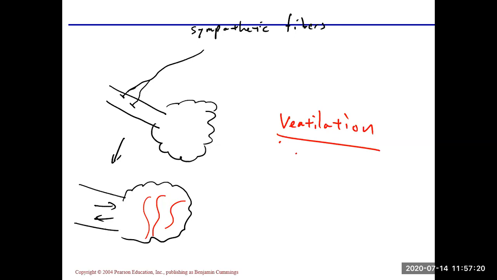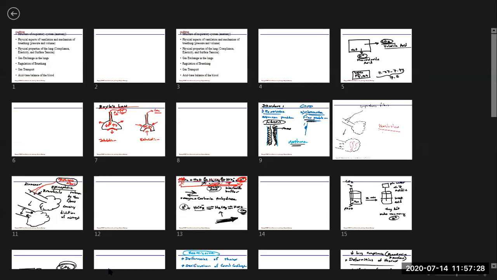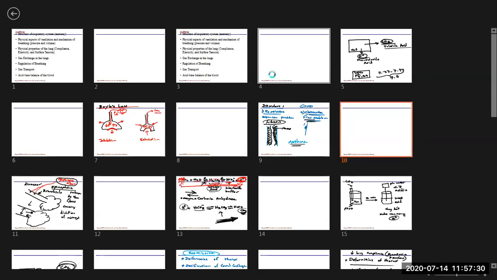Now that you understand this part, I wanted to talk a little bit about the general idea of breathing. A lot of times when you're reading the book, it tells you, okay, carbon dioxide is not good. You have to get rid of it. And the oxygen, we need to get into the cells and so on. But they don't tell you exactly why.